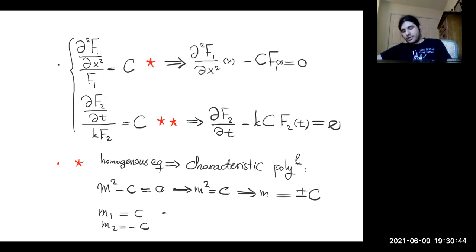So what are the solutions? We have y1. Let's just write it as f1. It's equal to a constant c1 times e to the power of the square root of c times x, where c1 is just a constant and the c appearing here is the same c as we had in our equation, plus c2 times e to the minus square root of c times x.